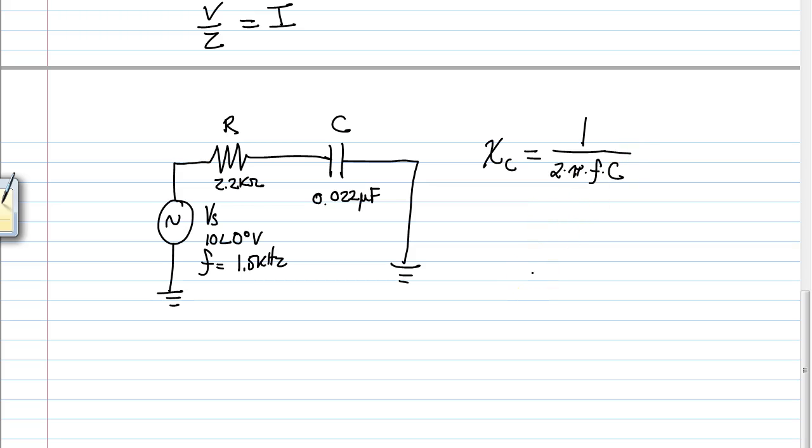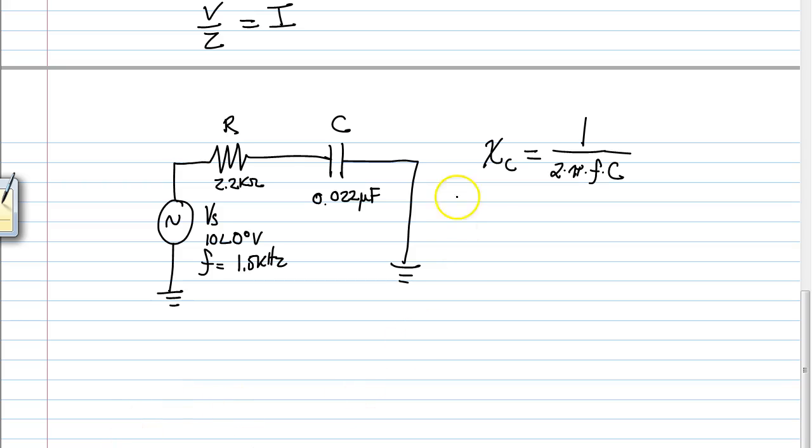So, of course, the reactance in a circuit is dependent upon the capacitance of the capacitor and the frequency. All right. So whatever frequency we have, that's why AC voltages always give you the frequency, so that you can do that calculation if you need to.